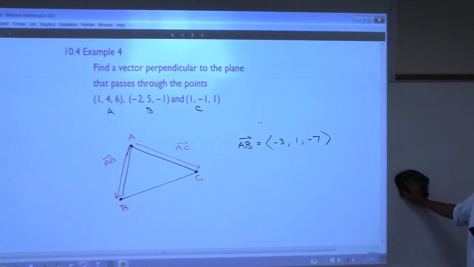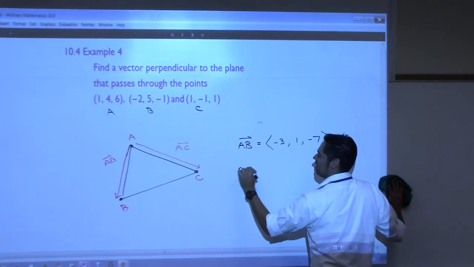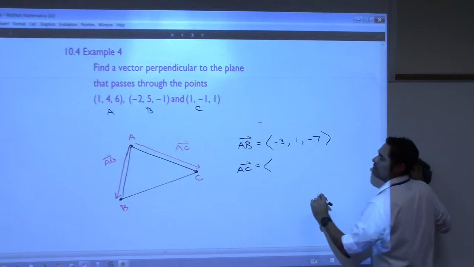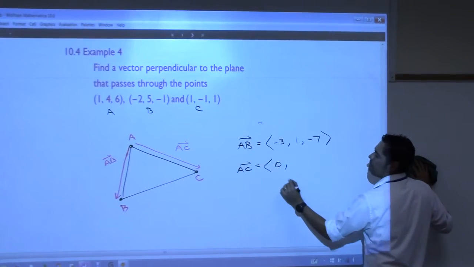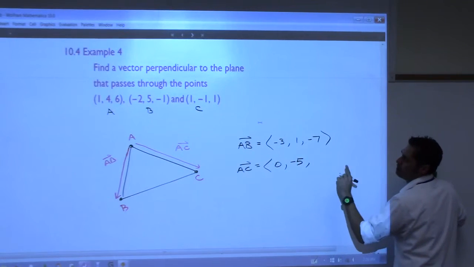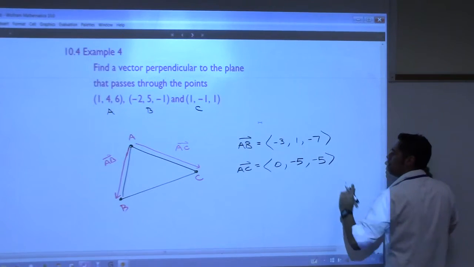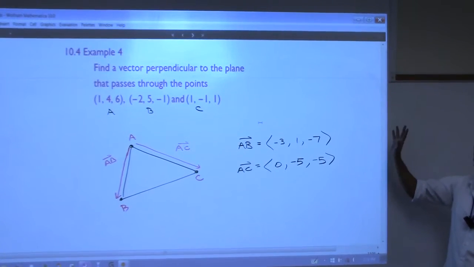Other way. We're going A to B. You'll get it. A to C is what? 0, -5, -5. Okay, just quick show of hands. We agree with these 2 vectors? Yes? Okay. Now what do we do with them?